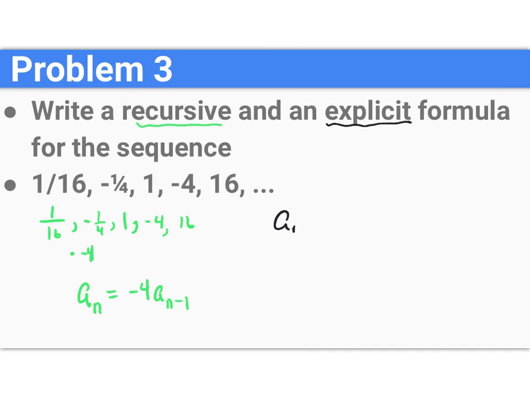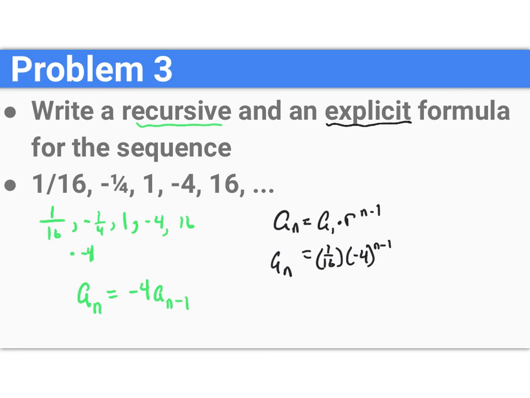So a sub n equals a1 times r to the n minus 1 power. So we get a1 is 1/16, I'll put that in parentheses, times r, which is -4, to the n minus 1 power. And that's a sub n.